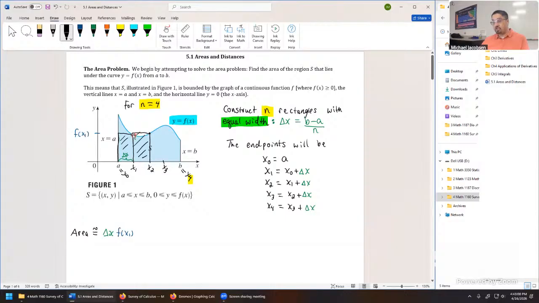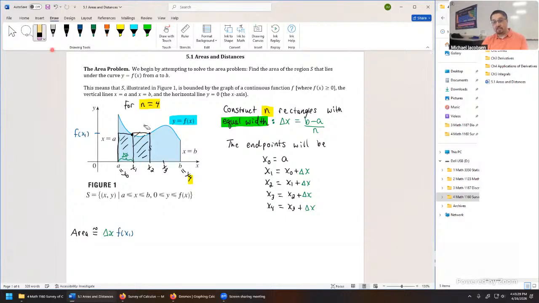Almost has the same height, just a little bit higher on this one. Notice on our first rectangle where the red dot is now, that's going to be an underestimate of area because we're missing out on this part right here. But on the next approximating rectangle, this one is going to be an overestimate on the area because this part right here includes extra white space, which isn't included in the region S.